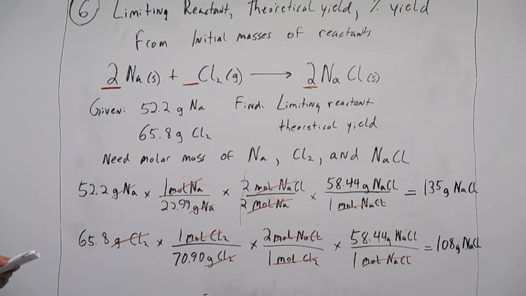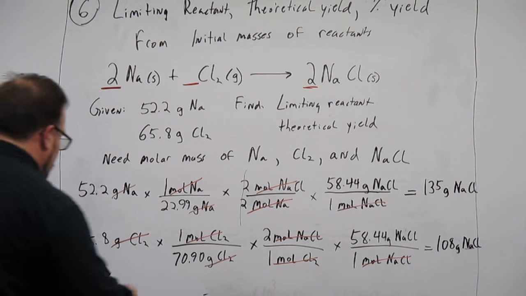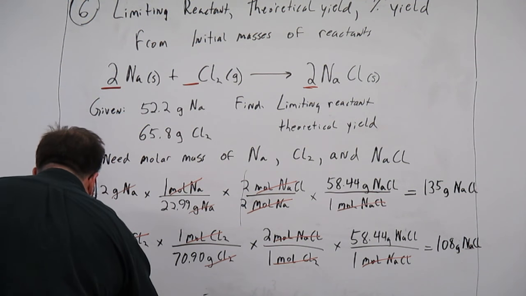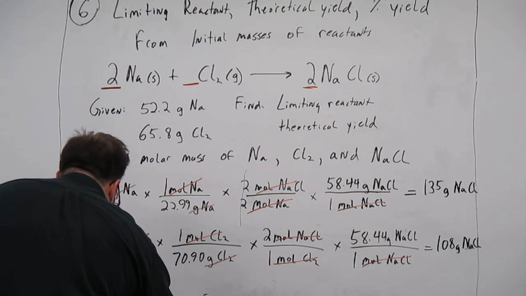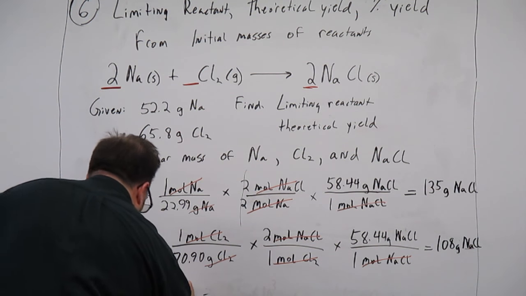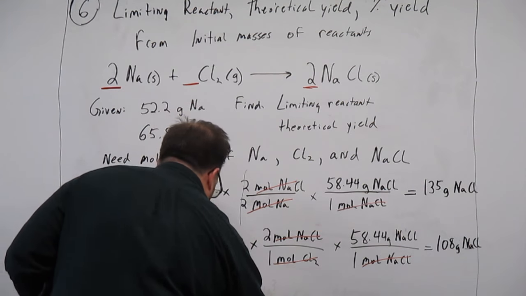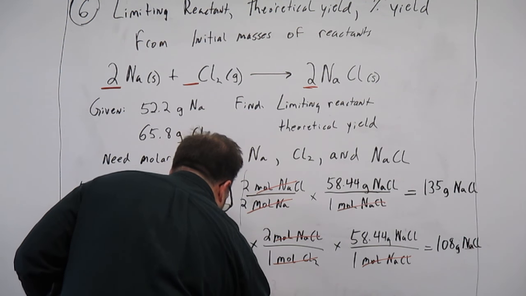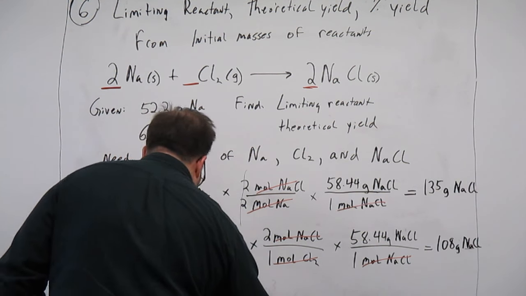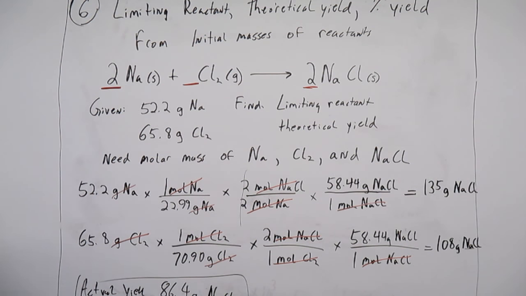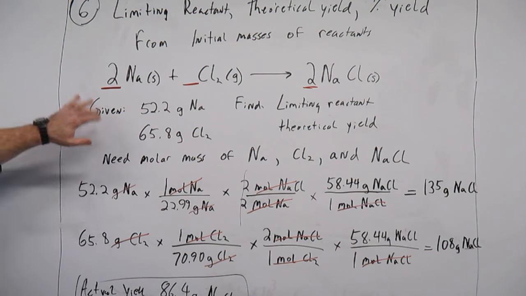So what I'm getting at is that you might actually do this reaction in the lab, and you find out that your actual yield is 86.4 grams of NaCl when you do this in the laboratory, as opposed to on the board.